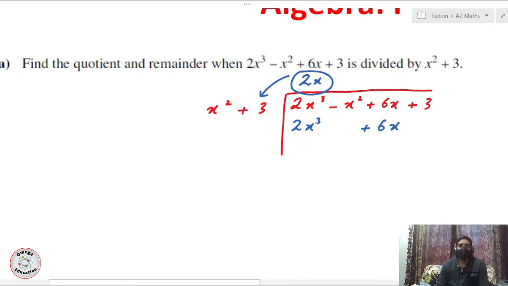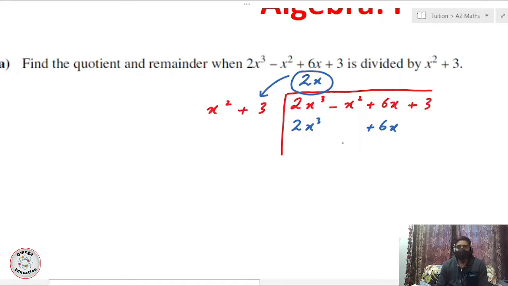Alright, what I'm trying to do is write the terms with the same degree in front of each other. I could have written 6x over here as well, but I'm just trying to write the terms with the same degree in front of each other. So I'll be writing plus 6x over here.